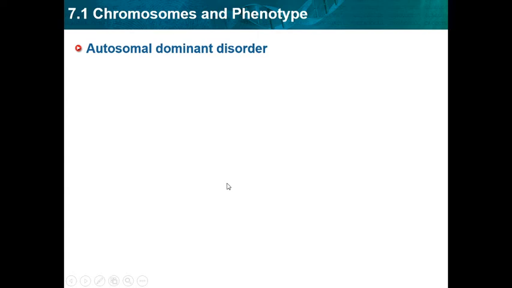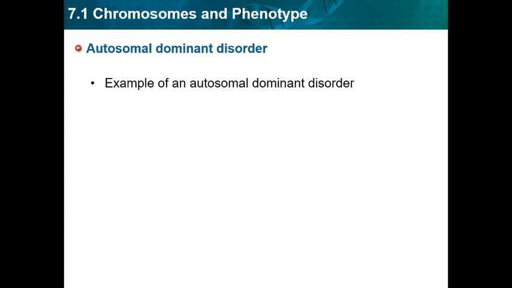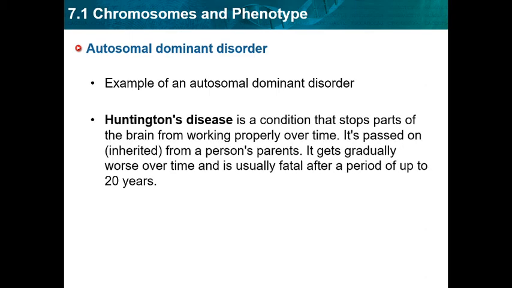Okay, now we go to the autosomal dominant disorder. When you say dominant, it means that the dominant trait is the one with the disorder. One example of an autosomal dominant disorder is Huntington's disease. This is a condition that stops parts of the brain from working properly over time.